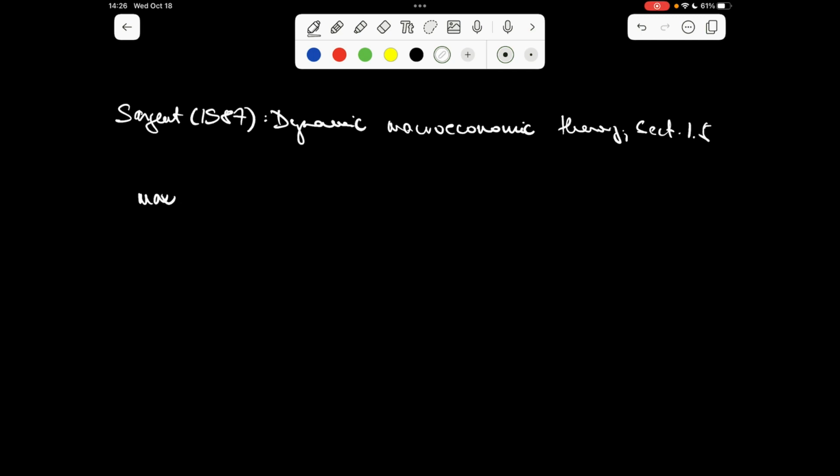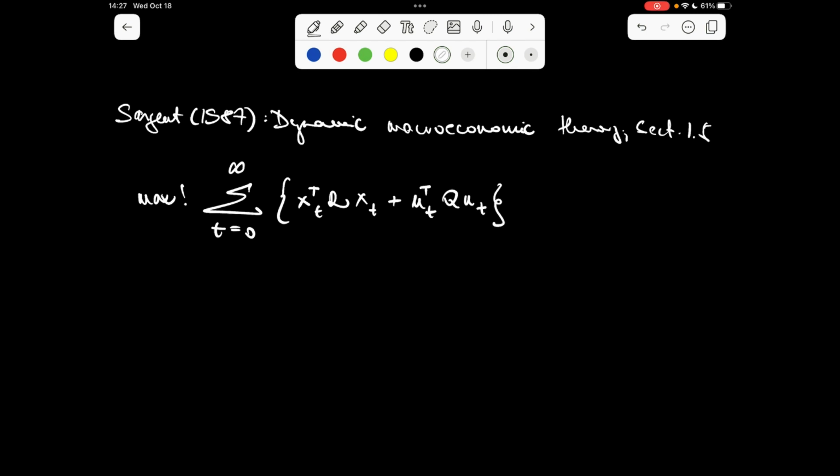We are supposed to maximize this flow. Please note that there is no discount factor in the setting. These are quadratic forms, so this is the reason why we say that we have a quadratic one-period return function.